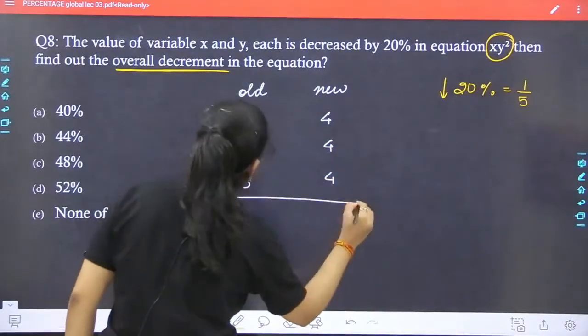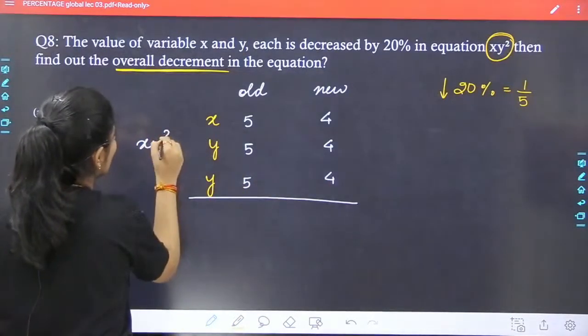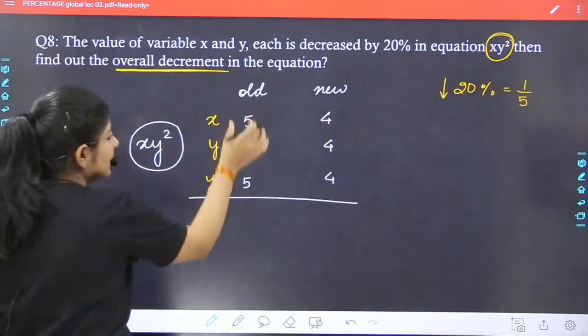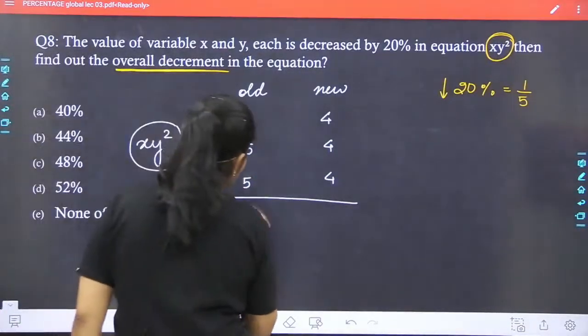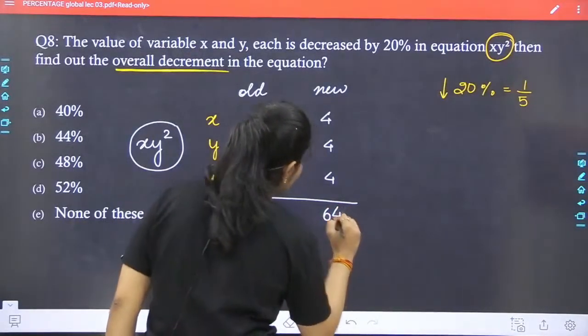Now what we have to do, we have to multiply all these variables just to get the equation xy square. So we multiply these values as well. We get 125 here and 64 here.